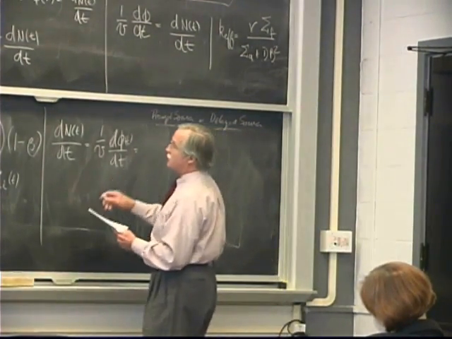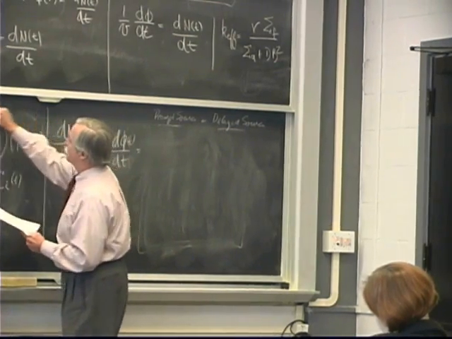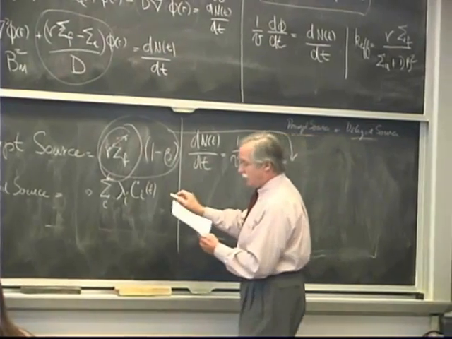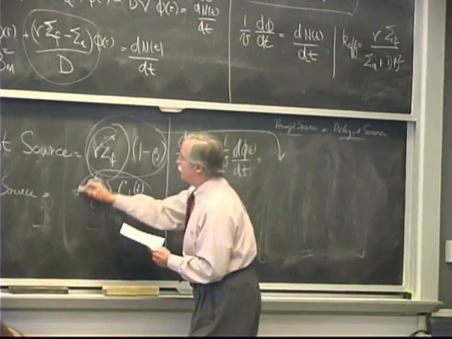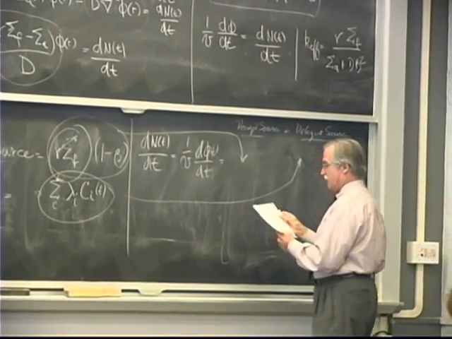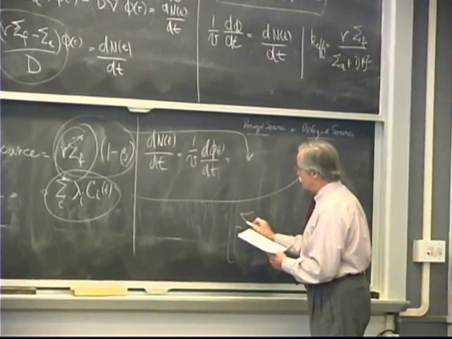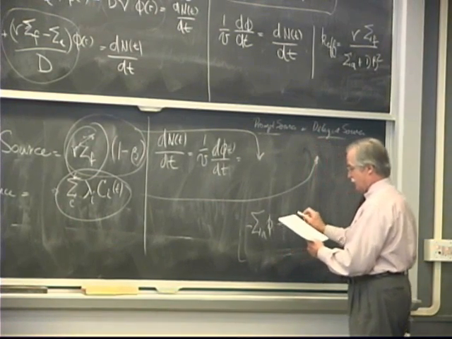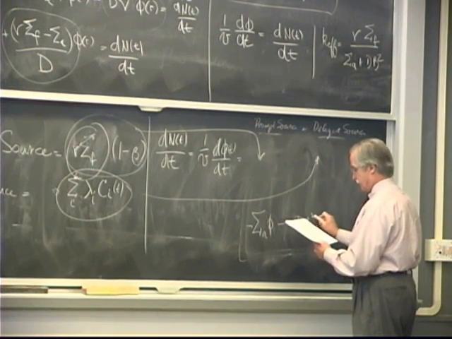So the prompt source is nothing but this term here. The delayed source is nothing but this term here, minus the usual happy family of absorption, minus leakage.